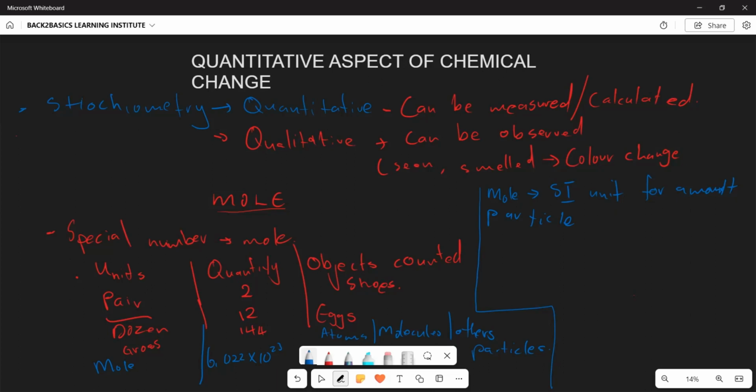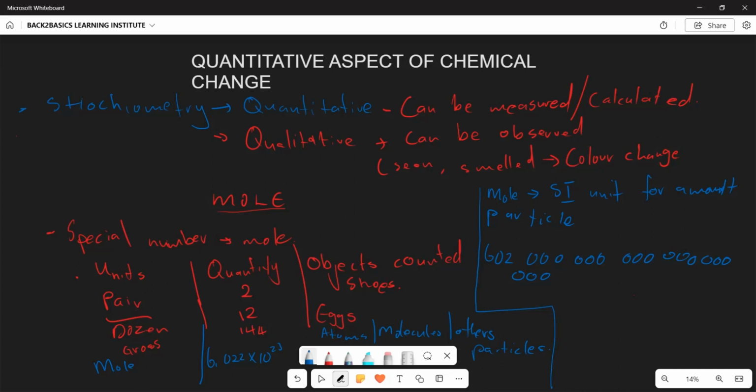Now we are saying a mole of particles is an amount of what? Let me write this value. This special value is basically the same as 602 followed by 21 zeros.